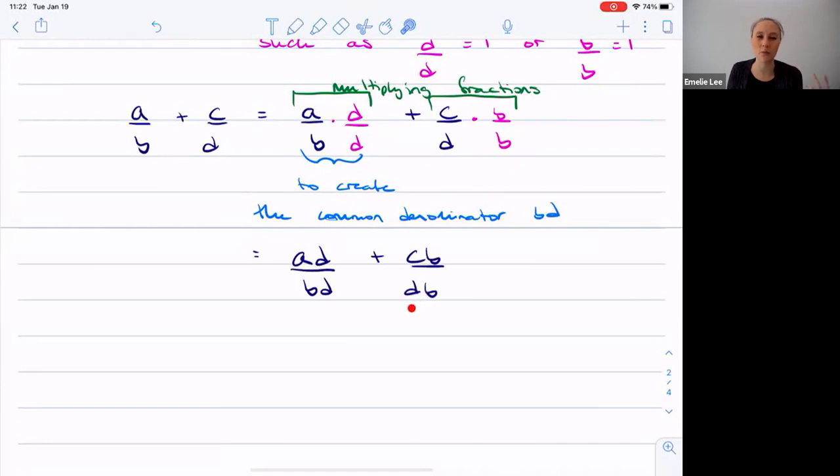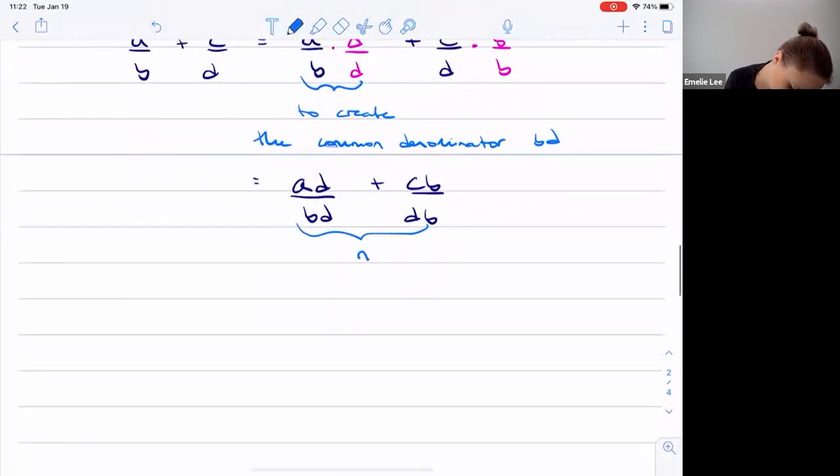Multiplication doesn't matter, right? 1 times 2 is the same as 2 times 1. So you can reverse this order so it looks the same, or you can just recognize that this is the same term. Right? Now I'm back to that situation where I have a common denominator, right? Now they are the same.